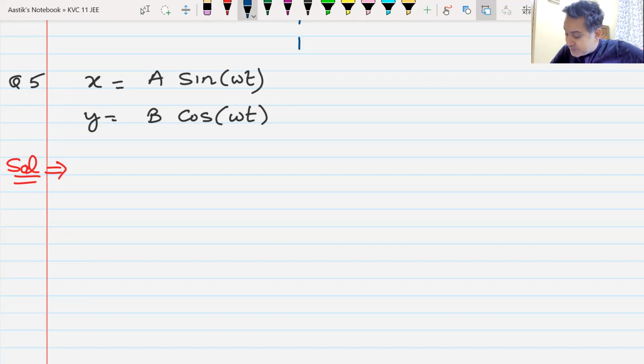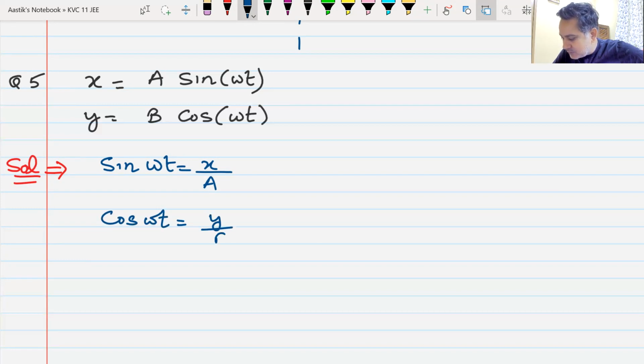From the first equation, I will find the value of sine of omega t. Sine of omega t is x by a. From equation number 2, I will find the value of cos of omega t. Cos of omega t is y by b.